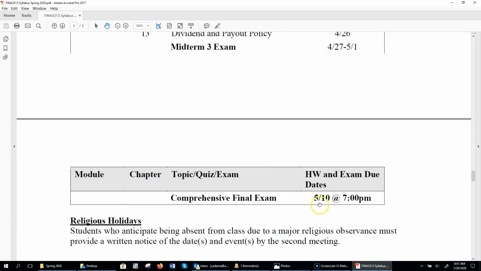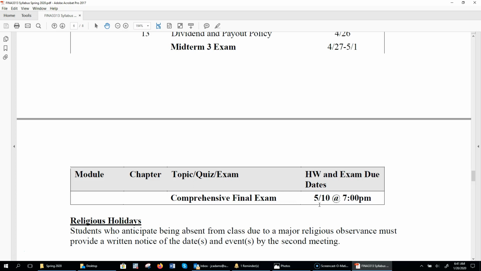The final exam, however, there's no window for that. That is May the 10th at 7 p.m. This is a departmental final exam, so everybody in all the different sections, online and in person, are taking the exam at the same time. We can't make any exceptions to this.